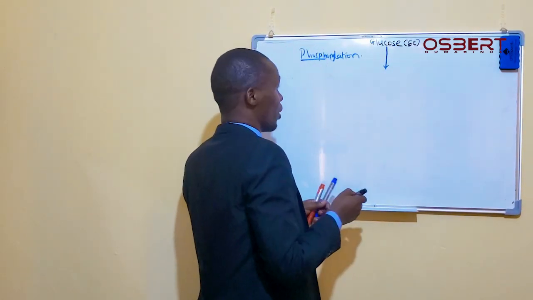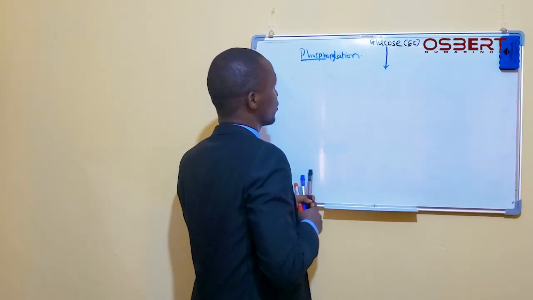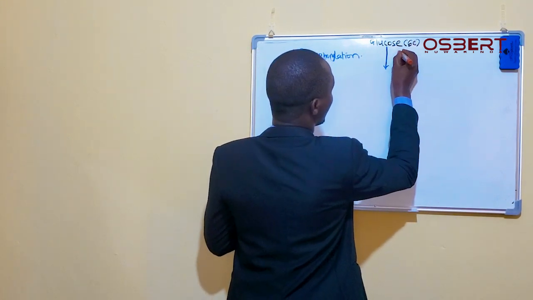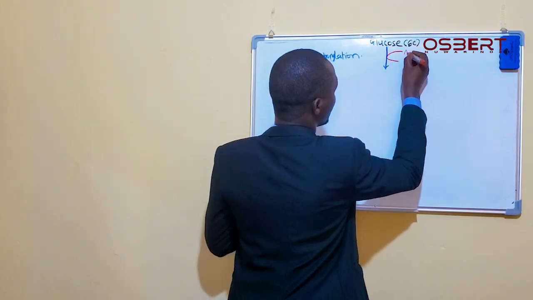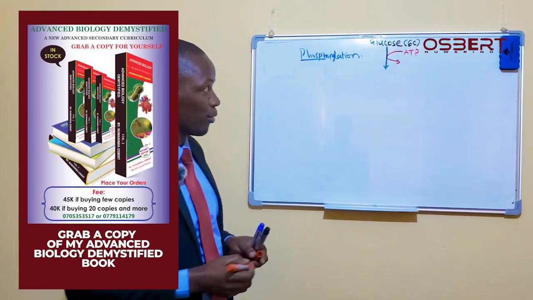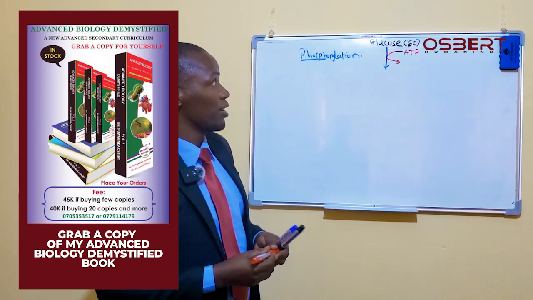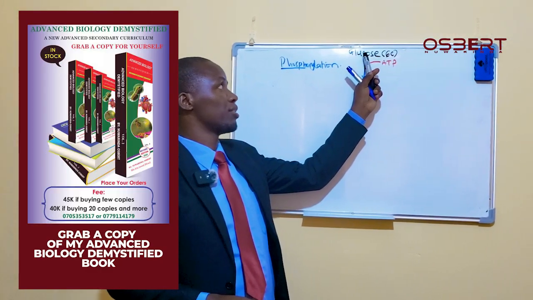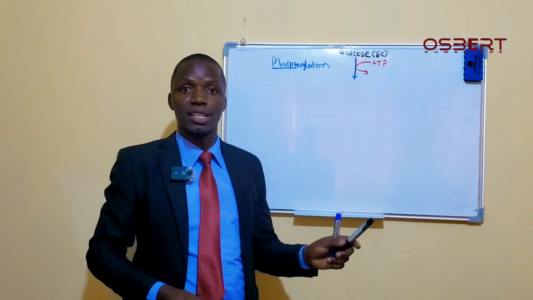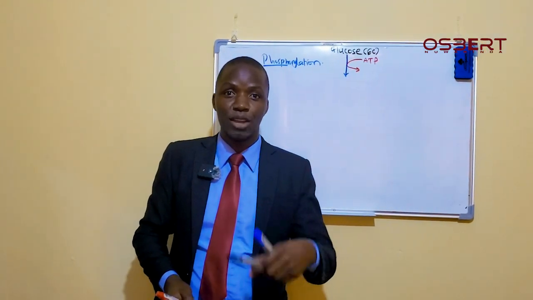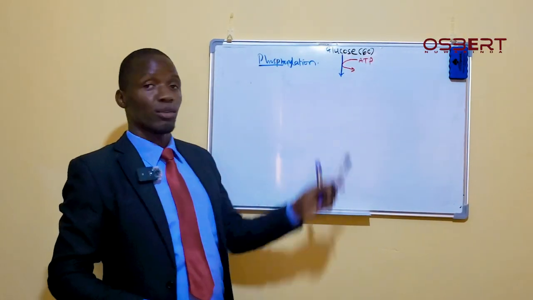And therefore, we are going to have our glucose and ATP added to it. Now, what we are saying here is that when this ATP reacts with this glucose, the ATP adds a phosphate to the glucose.